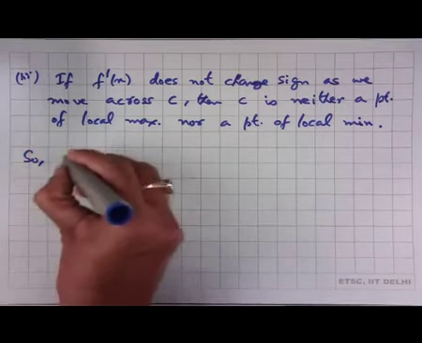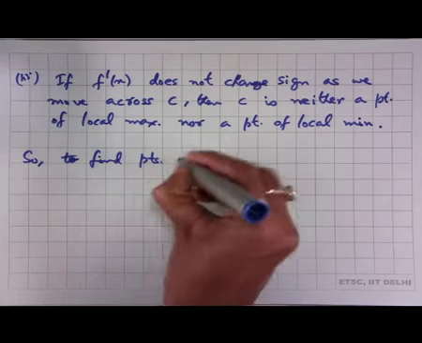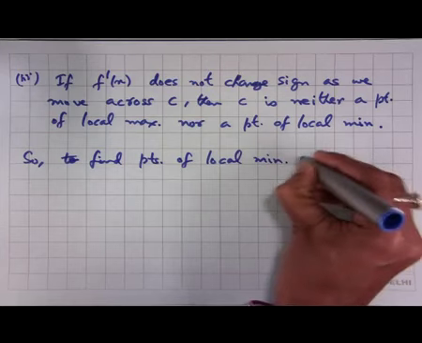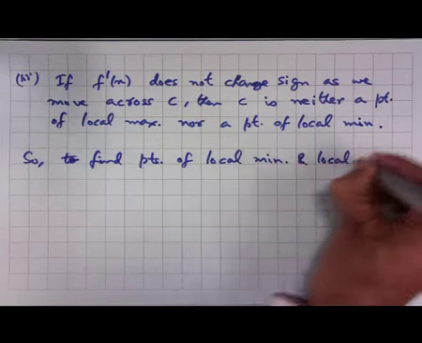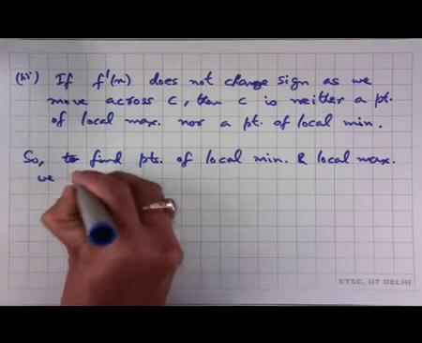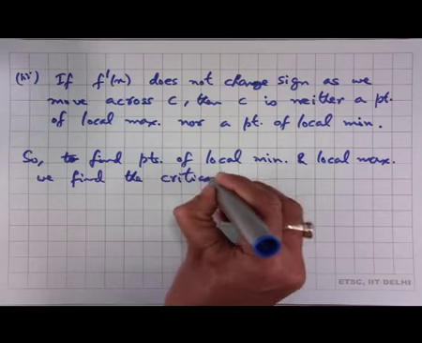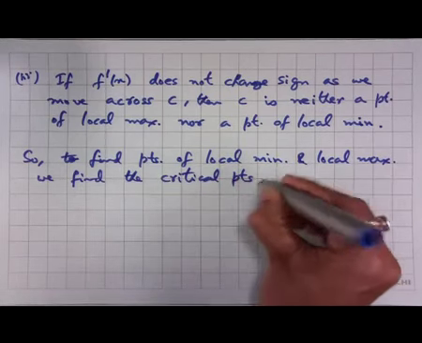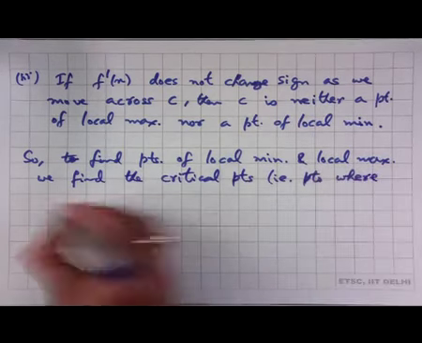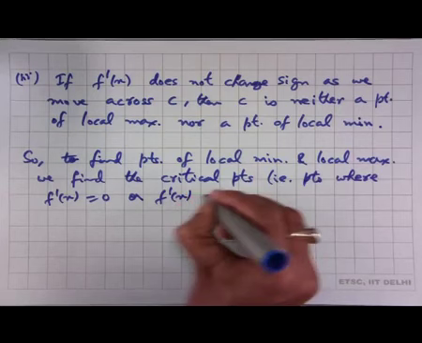To find points of local minima and local maxima, we find the critical points, that is points where f prime x is equal to 0 or f prime x does not exist.